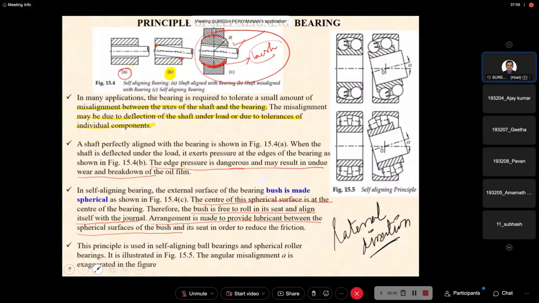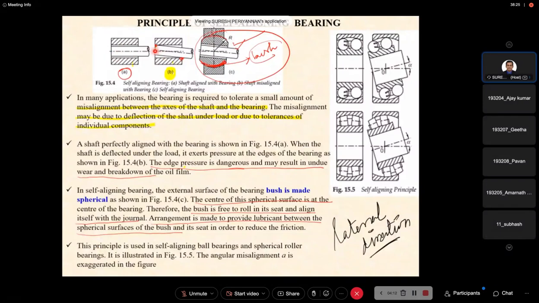Then this is the self-aligning bearing. How the bush is made in a spherical shape and how it will be self-aligned, we discussed. Without self-alignment, it is fine in a static condition.